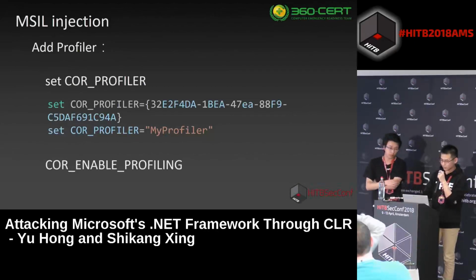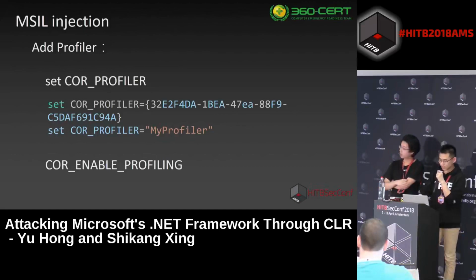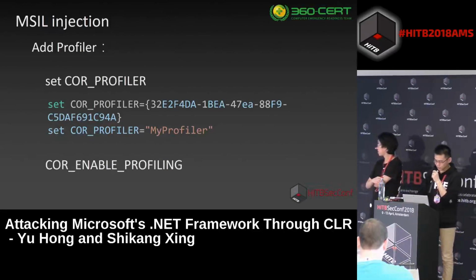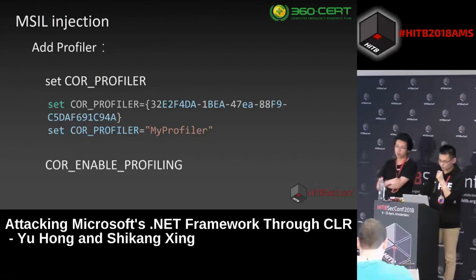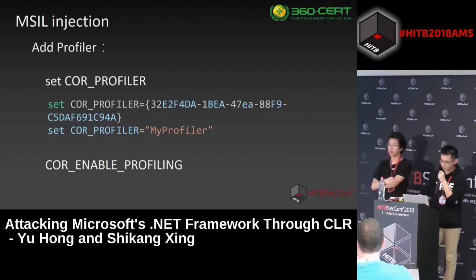When a managed process, application or service starts, it loads the common language runtime. When the CLR is running, it checks the environment variable to decide whether the process should connect to a profiler. Those are Cor_Enable_Profiling and Cor_Profiler. If Cor_Enable_Profiling is set, the CLR connects to the profiler.